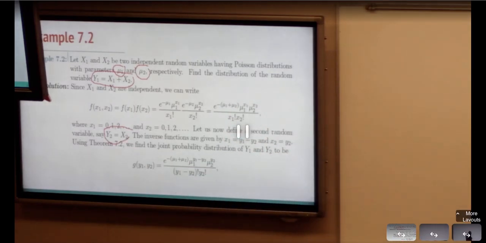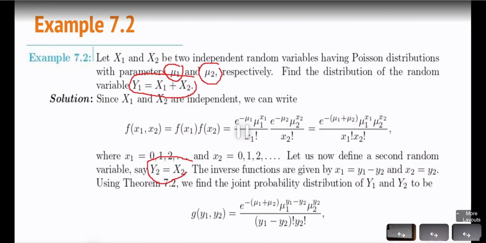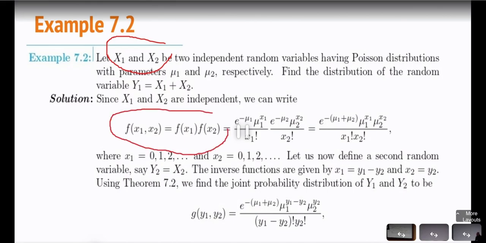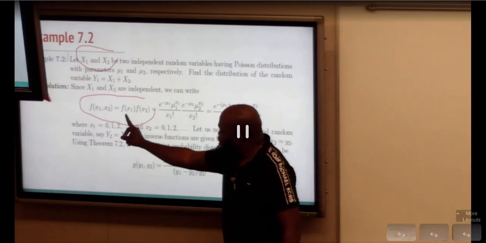Okay, now what I'm trying to say, the very next thing you're going to do, because you've been told here that x1 and x2 are independent, what you need to first do is this. F of x1, x2 is going to be the product of that, because you've been told the old variables, x1 and x2, they are independent. Now, you're going to have this.